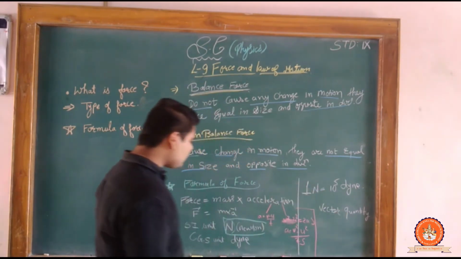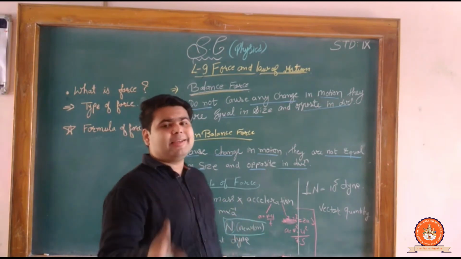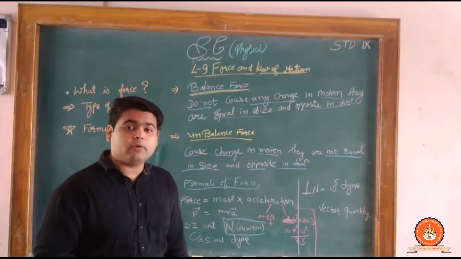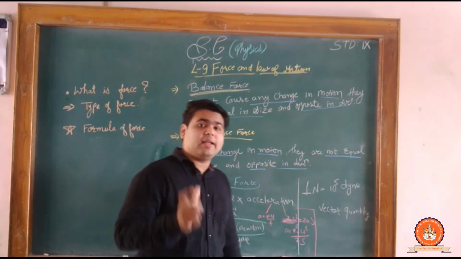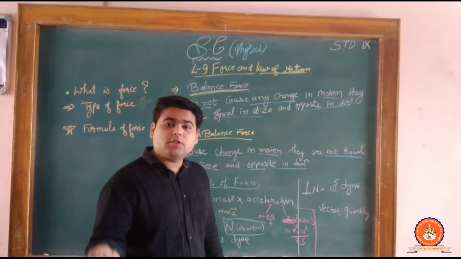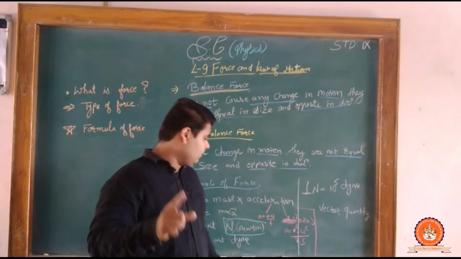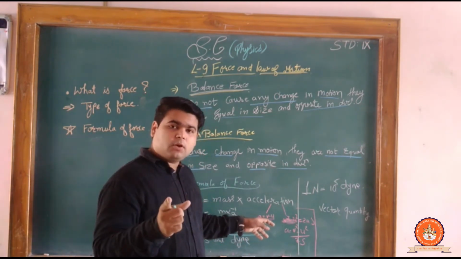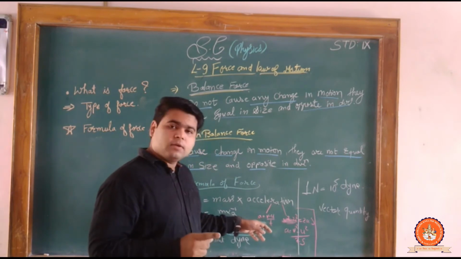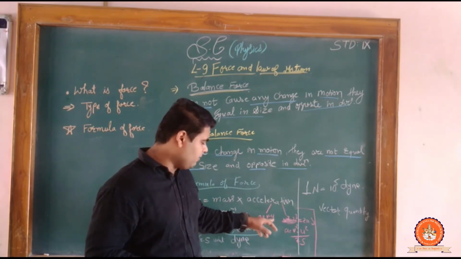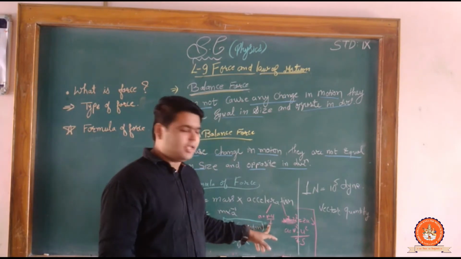Clear? Now in some examples, the acceleration is not directly given. In some examples, the initial velocity, final velocity, and even the time are given. So we can use the previous lecture's formula, the first equation of motion: a equals (v minus u) divided by t.